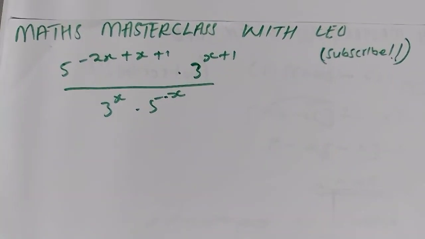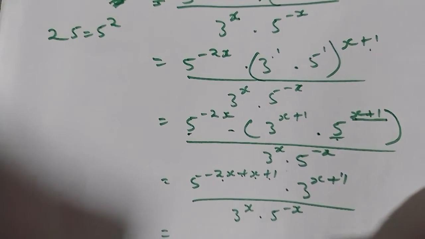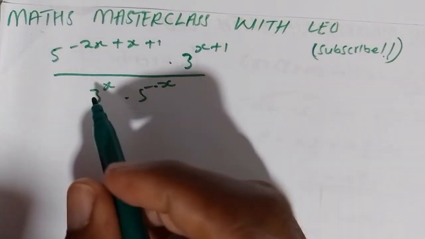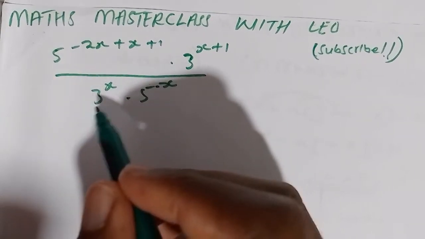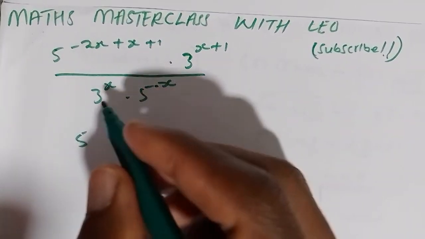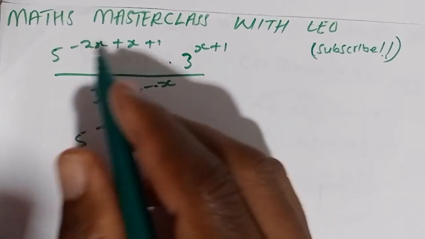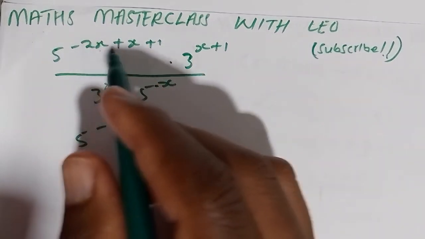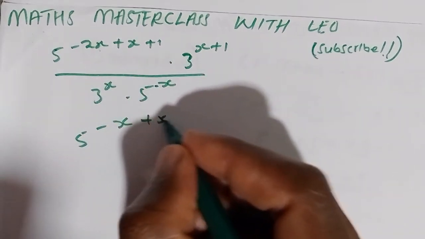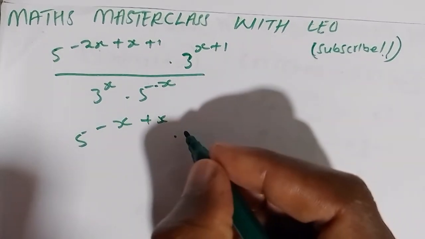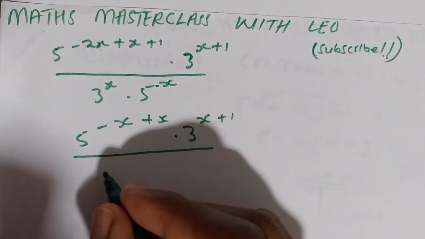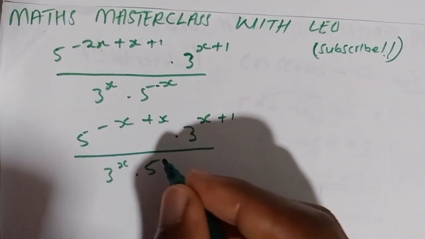If I didn't write it wrong, let me just check it. There we go. Right, now let's simplify this. Here is gonna be 5 to the power minus x, because negative 2 plus 1 is negative 1, plus x, multiplied by 3 to the power x plus 1, all over 3 to the power x multiplied by 5 to the power minus x.